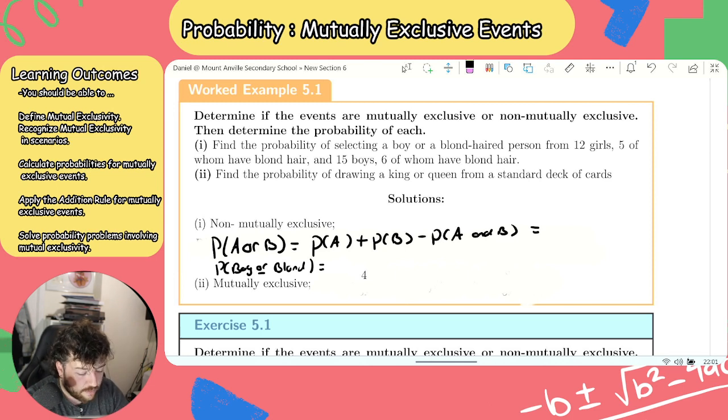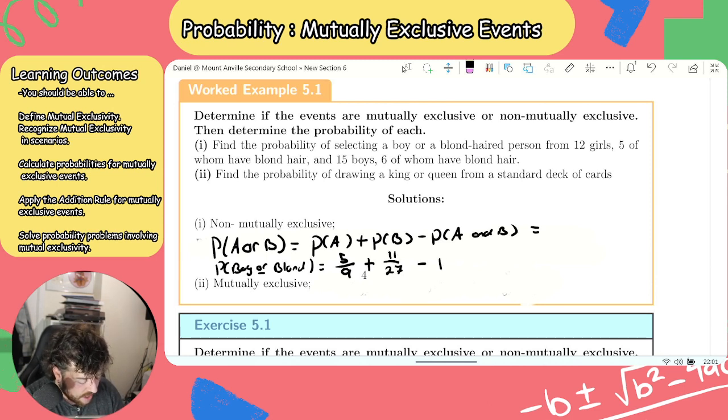So there are 12 plus 15, 27 people in the class. There is a 15 in 27 chance, or 5/9 chance, of them being a boy. What's the chance of them being blonde? Well, 5 girls have blonde hair and 6 boys have blonde hair. So 11 people have blonde hair. So it'll be 11 over 27.